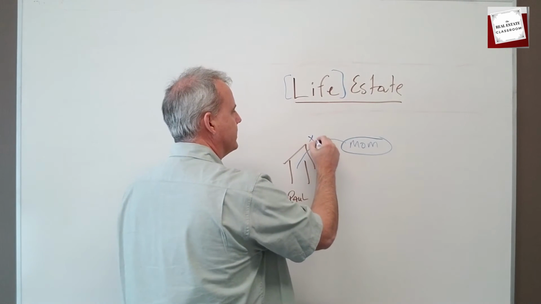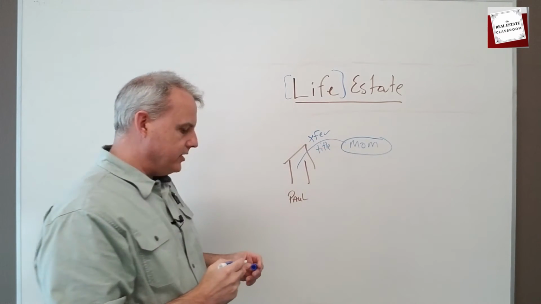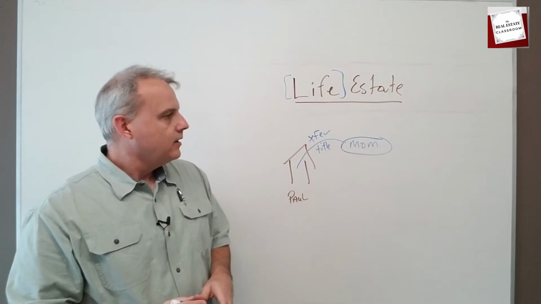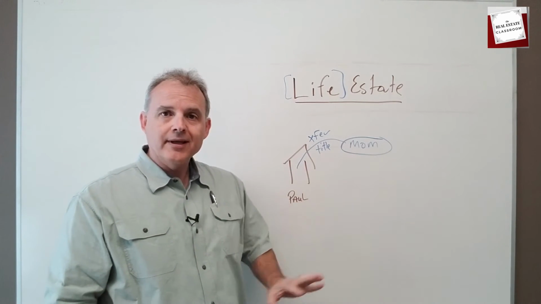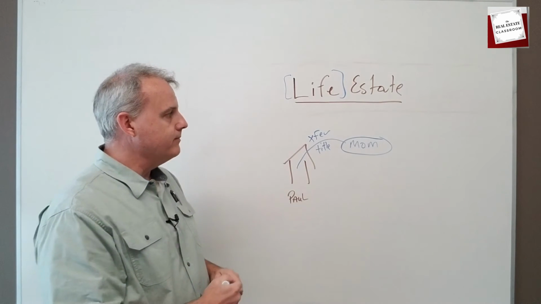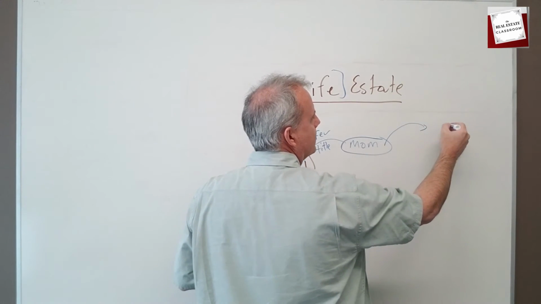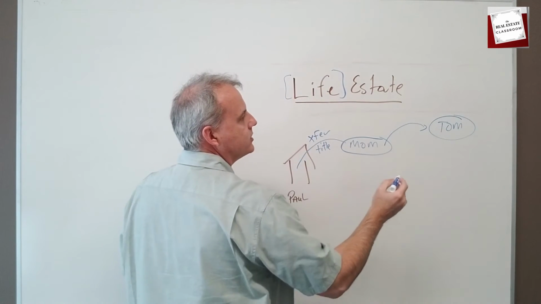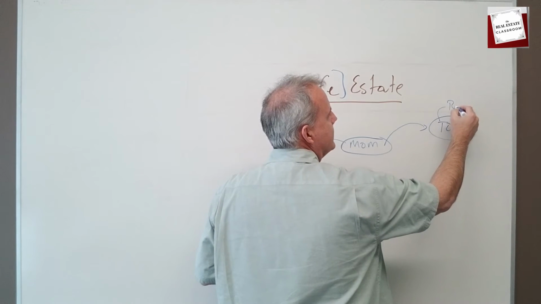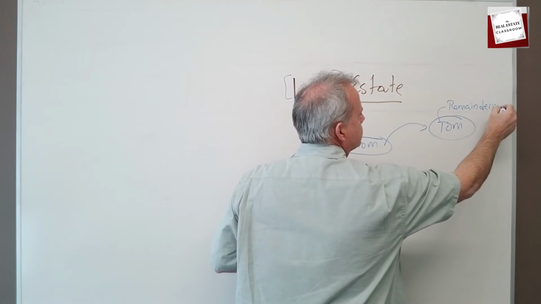So we transfer title. And remember, title in real estate means ownership. But I'm going to pre-designate who gets the property after Mom dies. So when Mom dies, then I'm going to transfer the property over to my brother Tom. All right, so Tom is known as the Remainderman. He's the Remainderman.